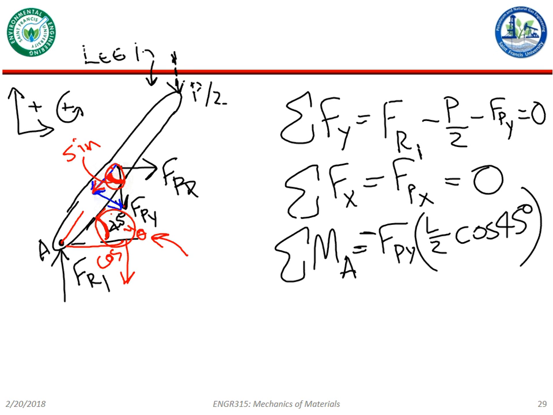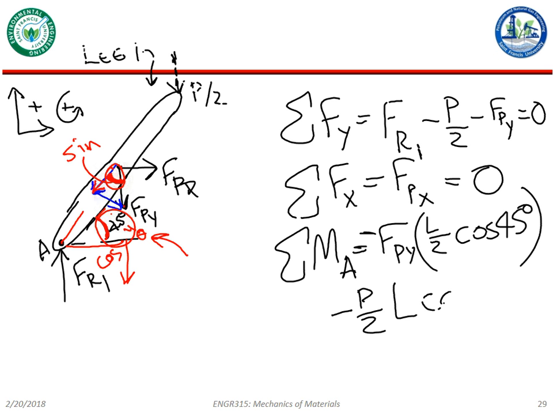Okay, is that the only thing creating the moment around A? No. What else? P over 2. Right. Is it creating a positive or a negative moment, given our sign convention? Negative. So, minus, there's the force, what's the moment arm? And what's the magnitude of the force, but it's not the perpendicular force, so we need that too, and we also need the moment arm.